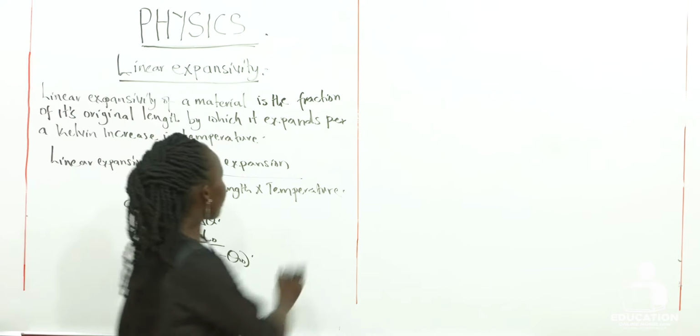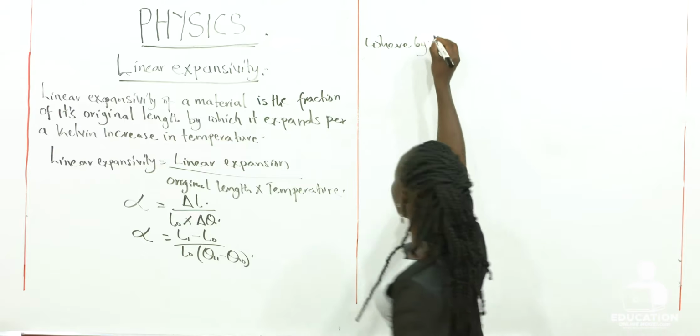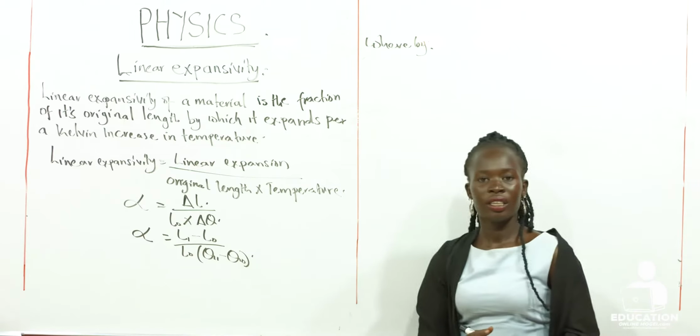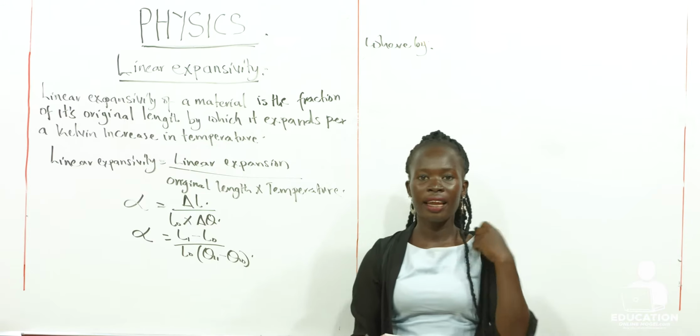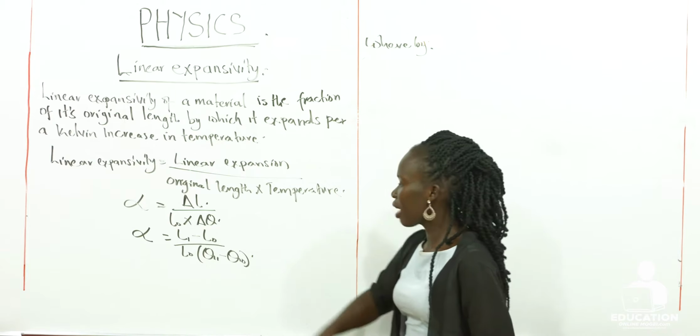Whereby our dL stands for the change in the length, which we have as L1 minus L naught.